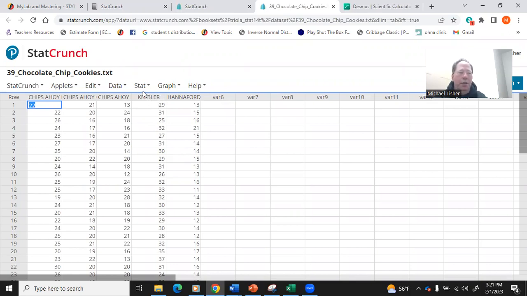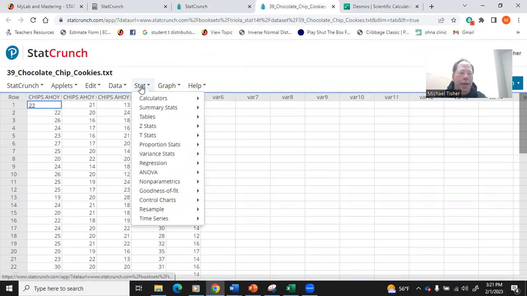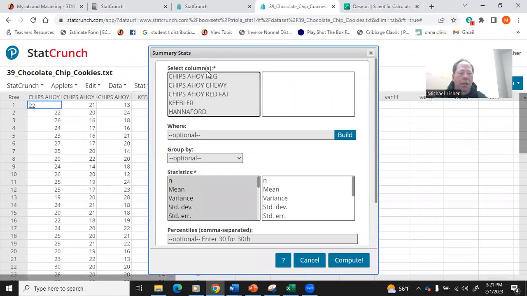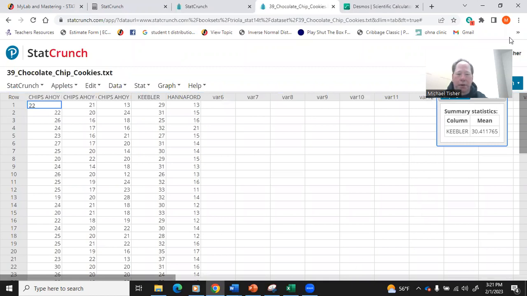So to find the mean, we're going to go to Stat, then Summary Stats, and then click on Columns. All right, we're interested in the Keebler column, and we'd like to find the mean. So we'll select Keebler and select Mean, and then click Compute. And here it is on the right-hand side.